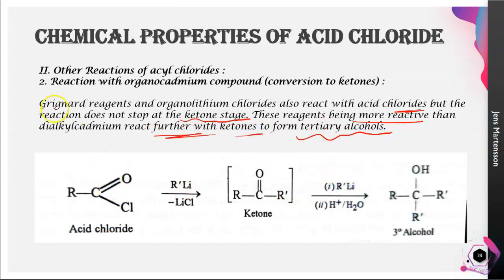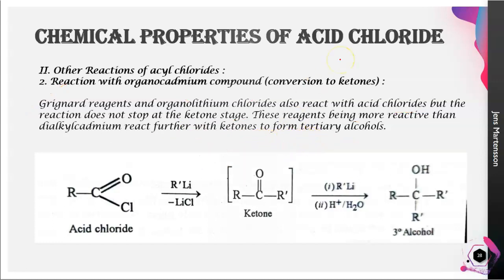You need to keep this important point in mind. Such reagents are given in place of organocadmium so as to confuse you, and you will write the product till ketone only and not show the further reaction, which is not correct.